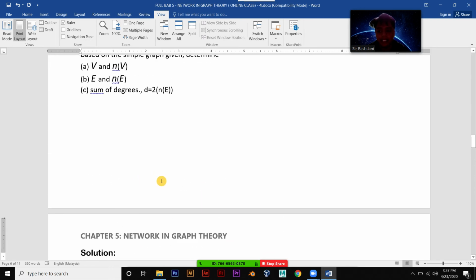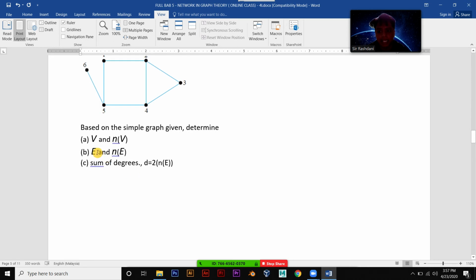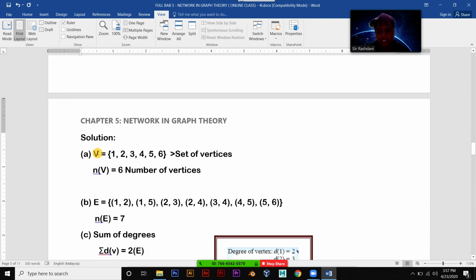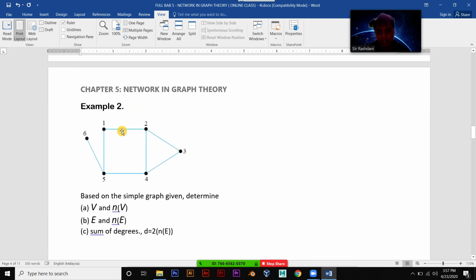And then the next question asks about E, edges. For the edges, first you need to list them. The edges are the lines joining 2 points. Here we have 1 and 2, and 1 and 5.